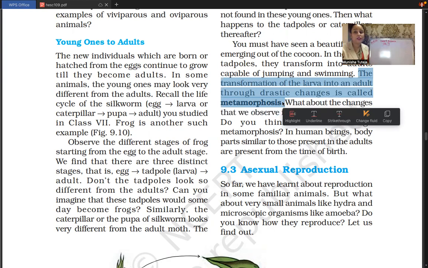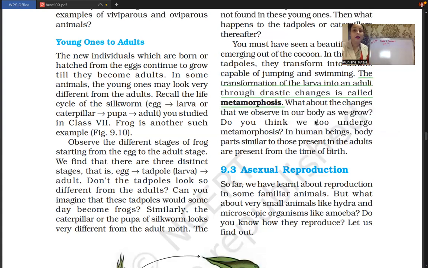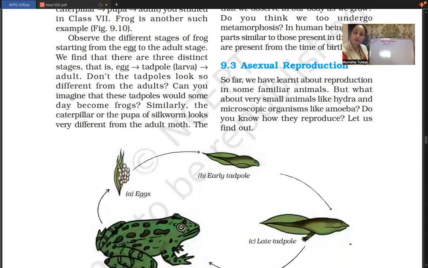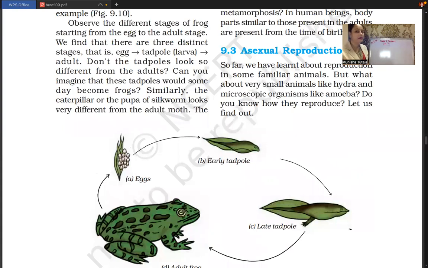The transformation of the larva into an adult through drastic changes is known as metamorphosis. So what is metamorphosis? Metamorphosis is a series of changes occurring in the life of a larva to convert it into an adult. Those changes are known as metamorphosis, right? In human beings also, we see there are so many changes, from the time we are born to right now and a bit later, right?